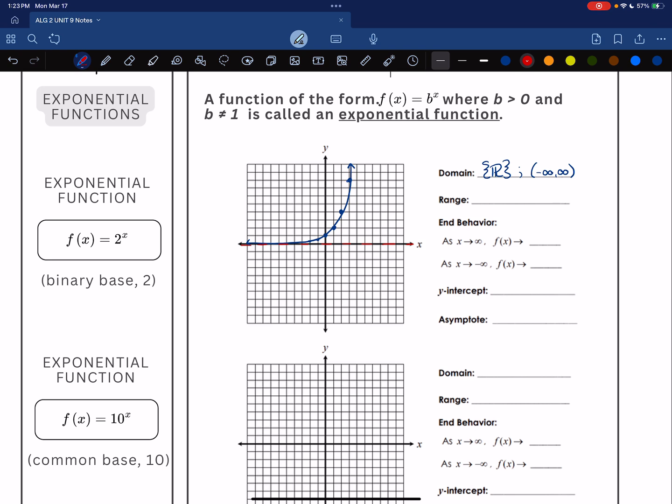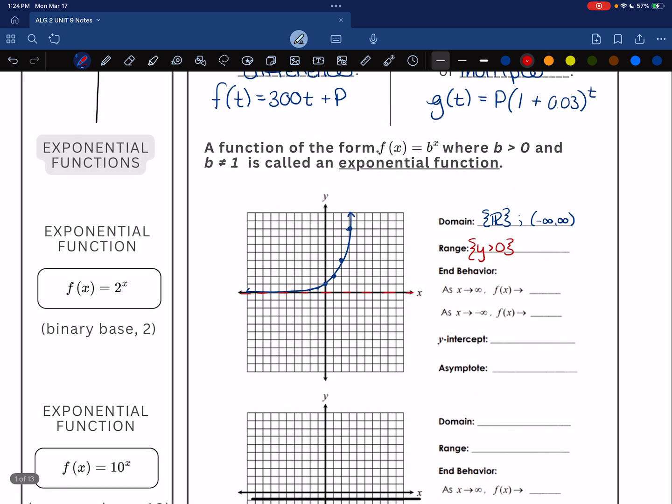So the range here is going to be y values greater than 0, never touching 0, because we're never raising it to a power where it would equal 0. You can't raise something to a power and get 0, but a little bit above. This could be written also as from 0 to infinity.